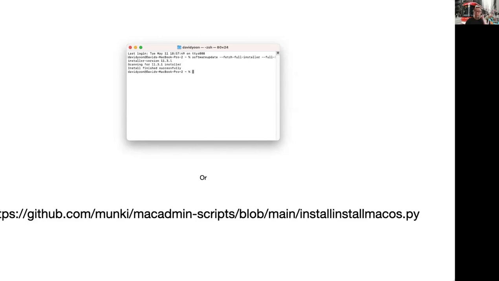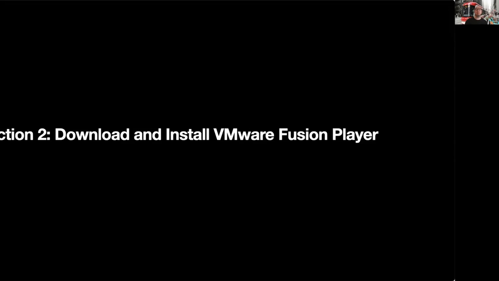I created this guide with 11.3.1, but you can do so with 11.4. If you're running macOS Catalina, you could also use the installinstallmacOS Python script, which is available in GitHub. All right. So once you have the full installer downloaded, it downloads to the Applications folder.